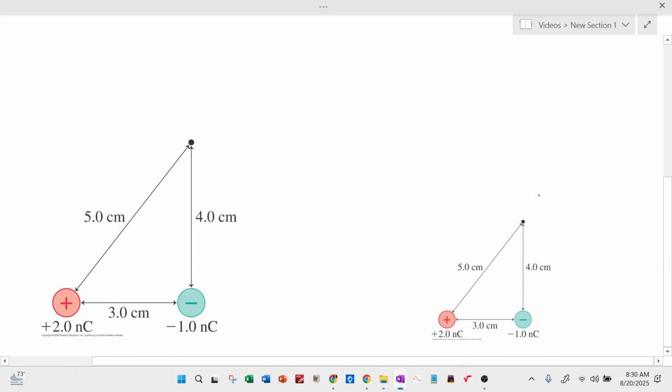So at this point, if I put a tiny test charge here, a test charge is always positive, it would feel pushed away from that positive 2 nanocoulomb charged object like that. And it would feel attracted to this negative 1 nanocoulomb charged object. So the individual vectors would be in those directions.